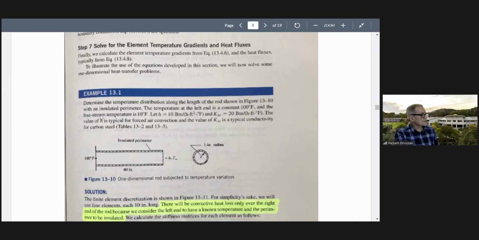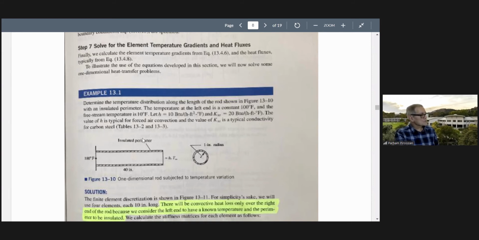Everything is given. The temperature is 100 degrees here. Ambient temperature is 10 degrees. H is given here. K is 20 for this rod.